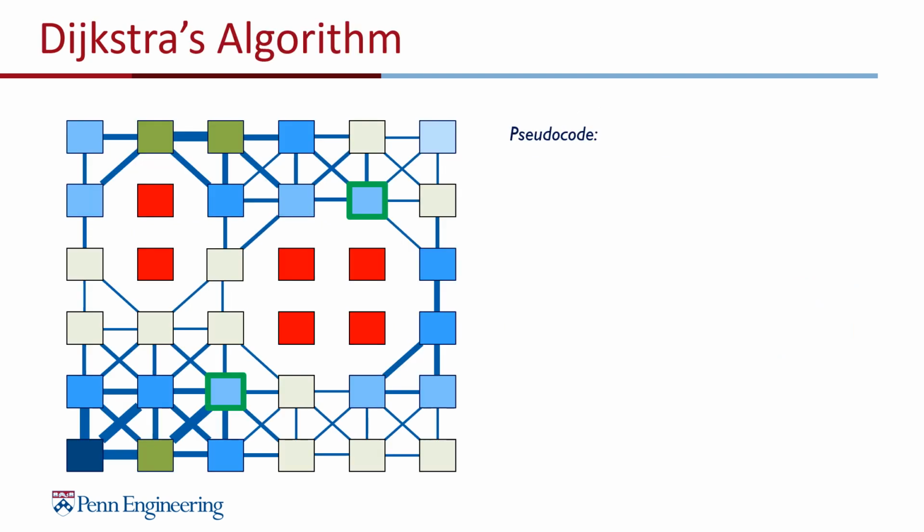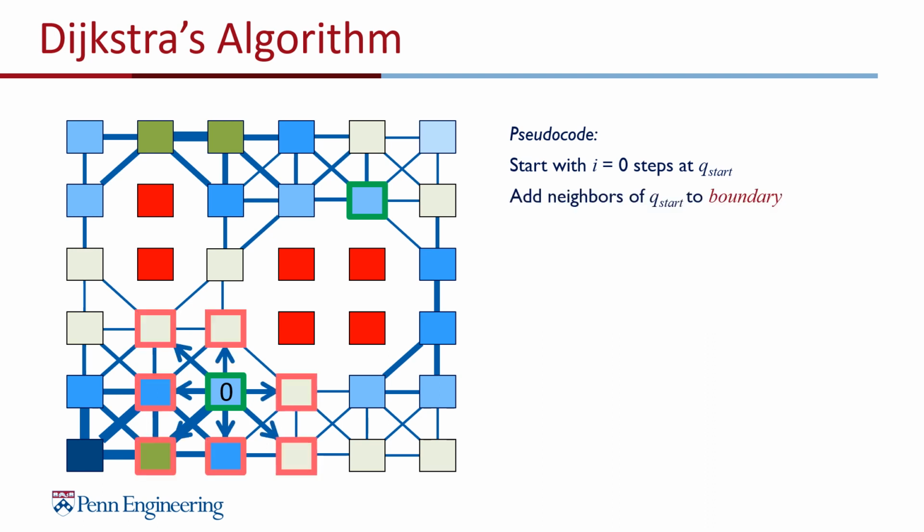A well-known algorithm for finding optimal paths in a graph with positive edge weights is Dijkstra's algorithm. We start by marking the cost to come to the start node as 0. We add all the neighbors of the start node to our boundary. We update the cost to come to each of these nodes based on the edge weights.